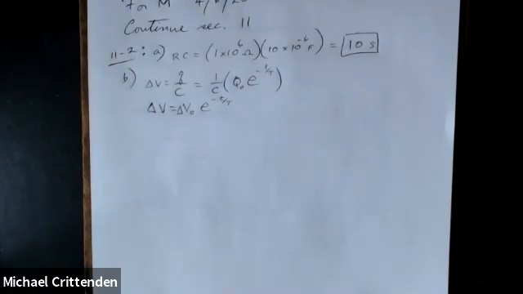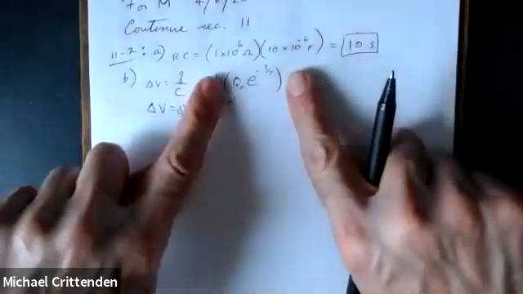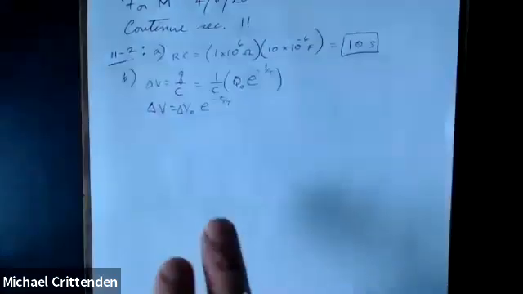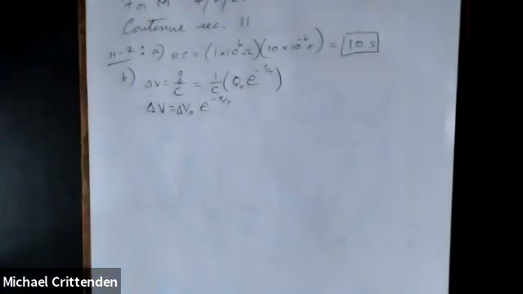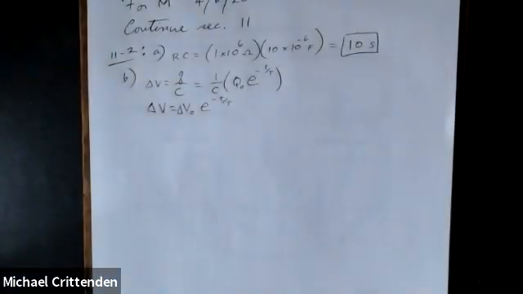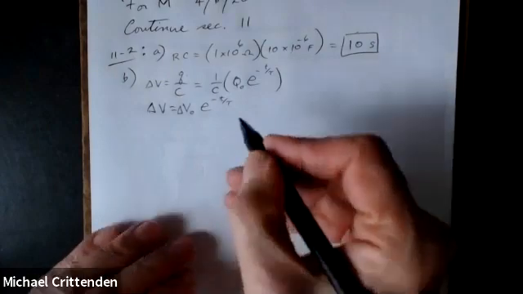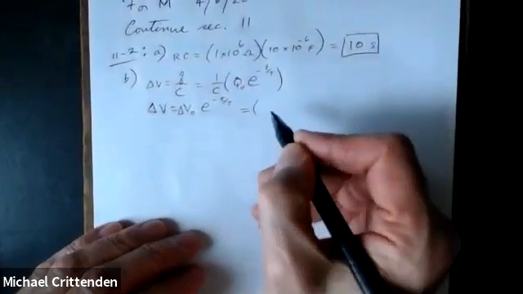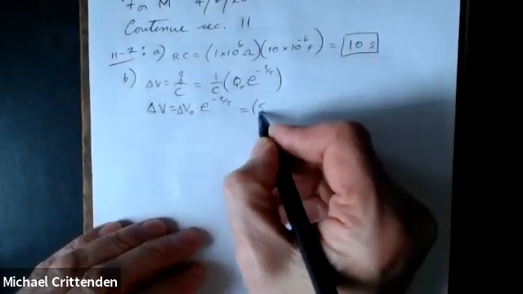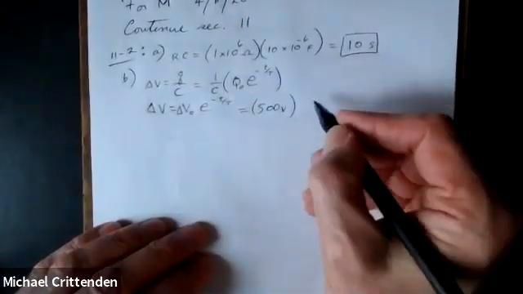So starting with what's available to you on the formula sheet, which is the thing in parentheses, that's how you get volts as a function of time. And fill in the numbers. Original voltage, 500. It's up there.